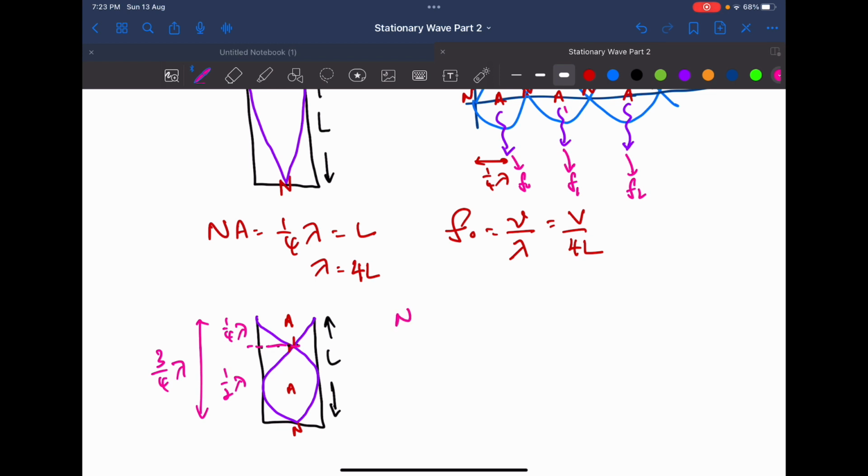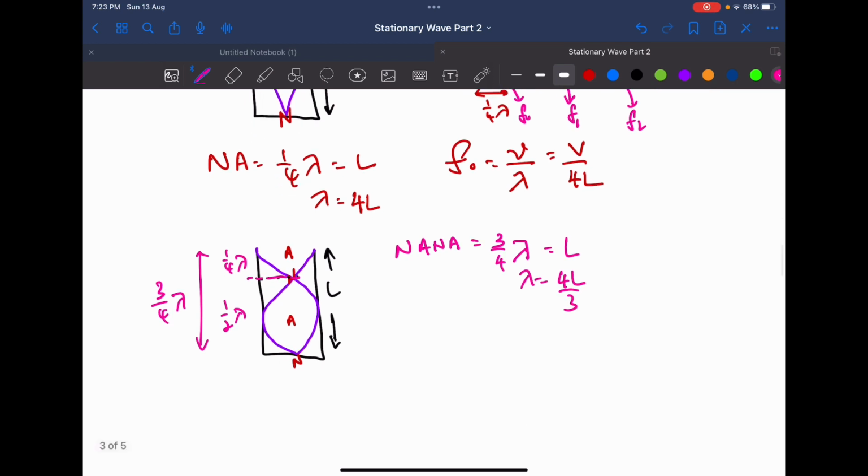So node, antinode, node, antinode. This will be 3/4 lambda, which is equal to L. So lambda is 4L/3. F equals V over lambda, so V over 4L/3, 3V over 4L.